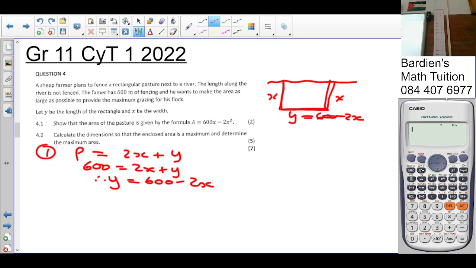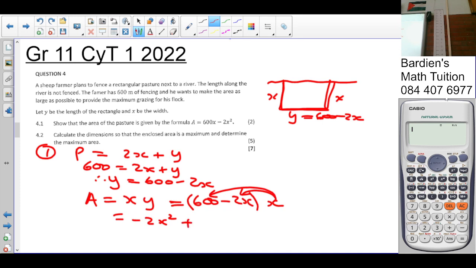Okay. So how do you calculate the area? The area is going to be length times breadth. In this case it's x times y, which is 600 minus 2x times x. So this will be negative 2x squared plus 600x. And I've just done that now. Not so?